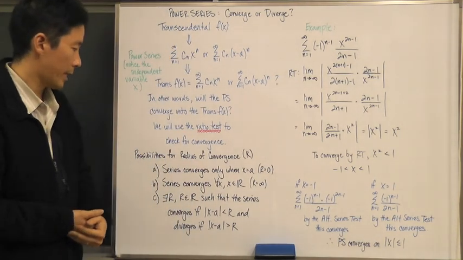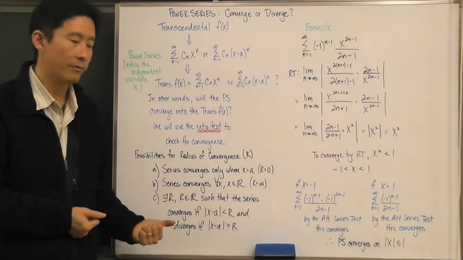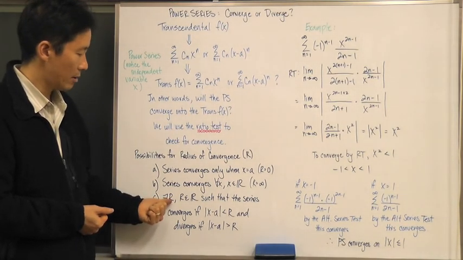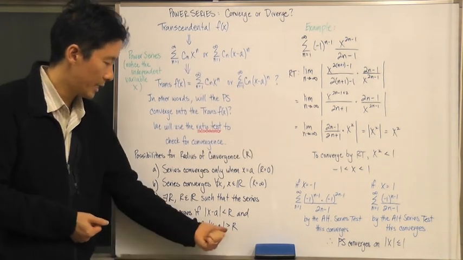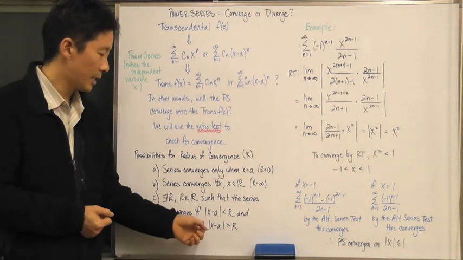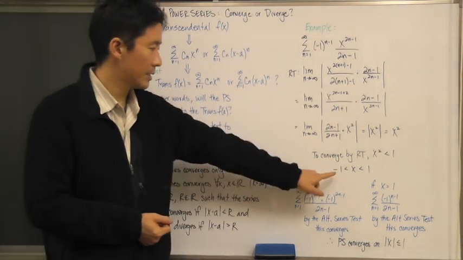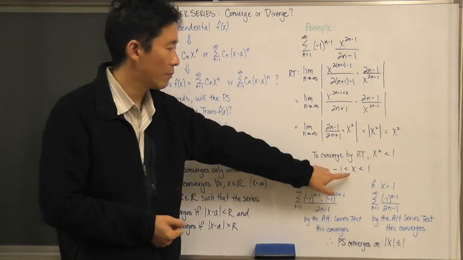Now, when we talked about the possibilities for the radius of convergence, we said there exists an R such that the series converges if this is true, and diverges if it is otherwise. Now, the thing is that it doesn't mention anything about what happens at the endpoints of this radius of convergence, -1 and 1.